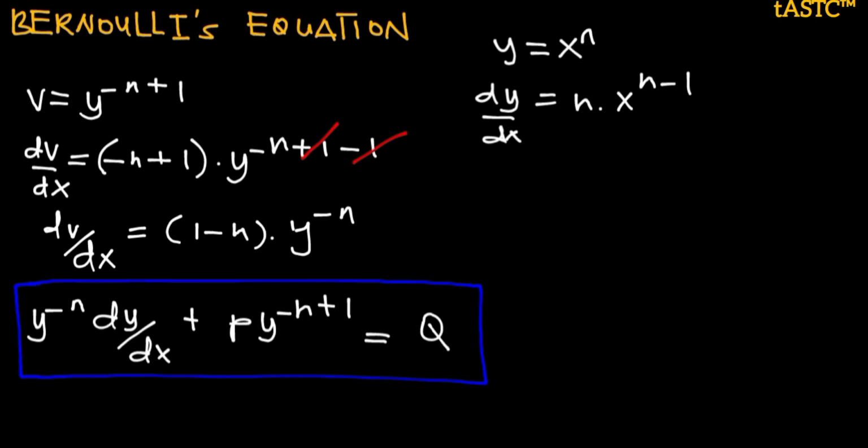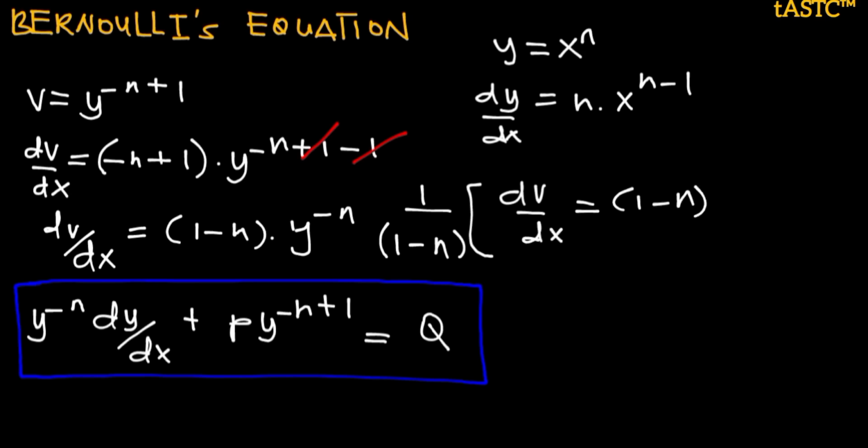So what I will do is take the reciprocal of this and multiply through the whole equation. That is going to be 1 divided by 1 minus n, multiplied by dv dx, and that is equal to 1 minus n, and you're going to have y to the negative n.